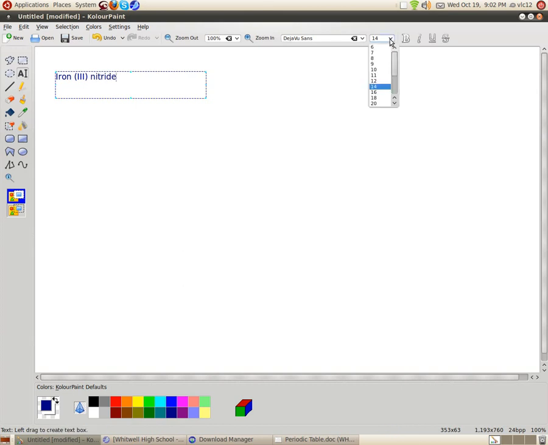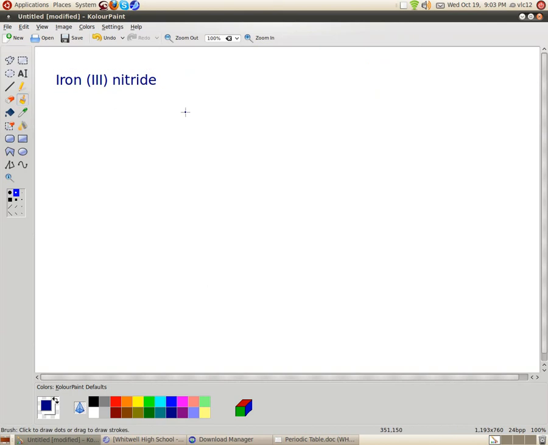Let me increase the size so all the viewers can see this. There, iron 3 nitride. Now let's try to write the formula for this. Remember, Cantrell told you that the iron 3 is together and the nitride is together with itself, and we need to break them into ions so we can figure out the formula. Remember, stock notation uses Roman numerals.